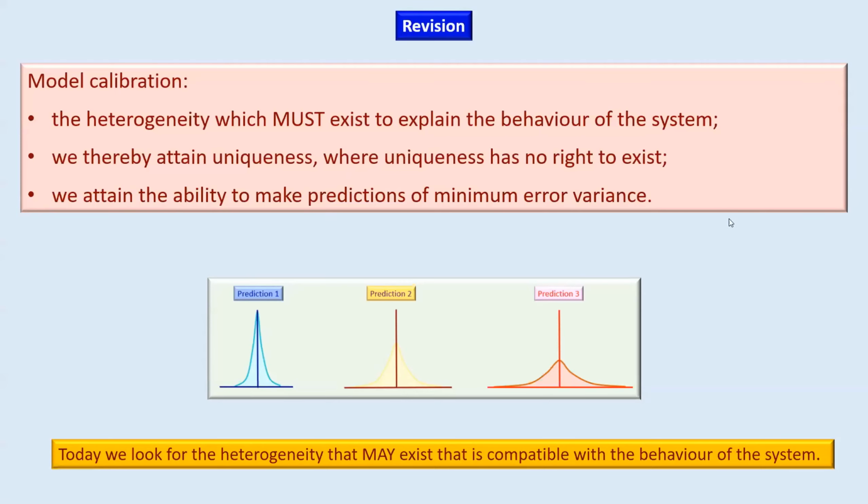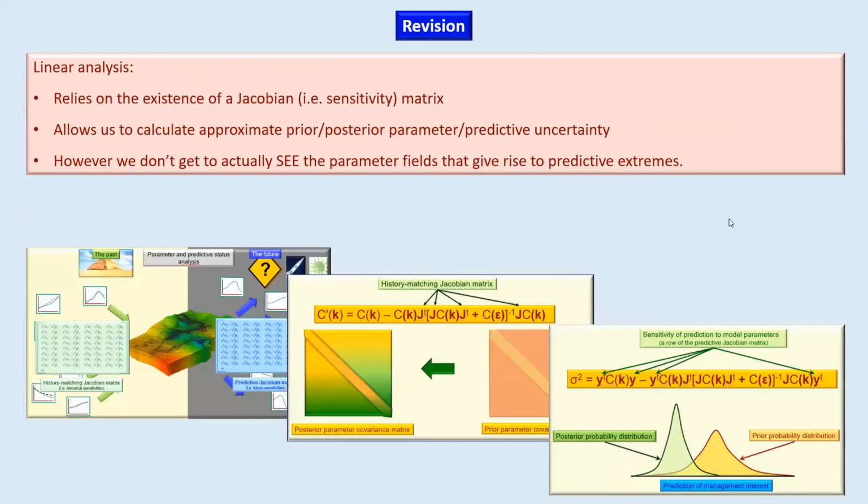And then last time we also spoke about linear analysis, which we can use to quantify the uncertainties of parameters and of predictions, but only in an approximate sense. We also saw how linear analysis could provide some pretty powerful insights into flow of information, the worth of data, the contribution that different types of parameters and boundary conditions and other facets of model construction make to the uncertainties and/or errors of critical predictions.